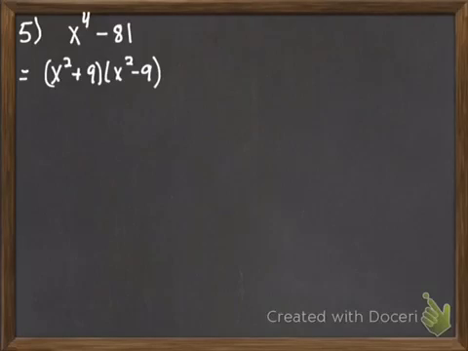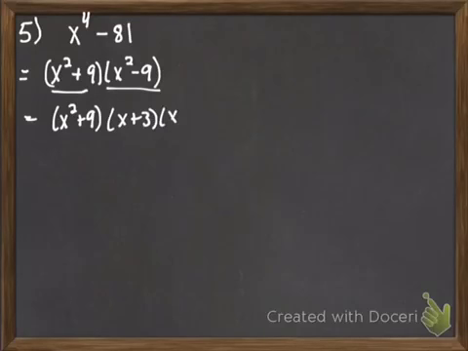And hopefully you spot this x squared minus 9, which is also a difference of squares. The other piece there, x squared plus 9, actually can't be factored. We'll take a look at that in a moment, but for the moment, just write it down. And then x squared minus 9 can be broken up as x plus 3, x minus 3.